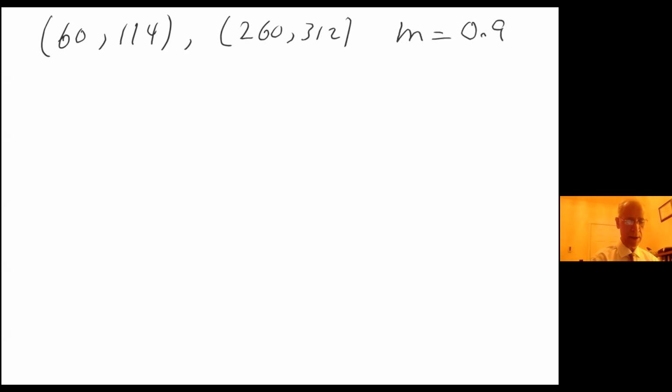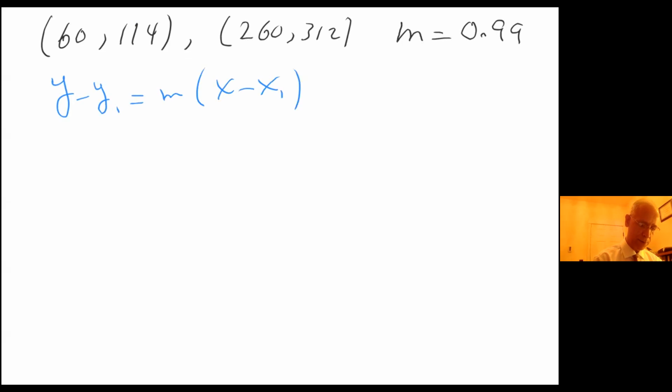So I'm going to use, we have 60, 114, and we have 260, 312. And now I know m equals 0.99. So I'm going to use y minus y1 equals m times x minus x1.